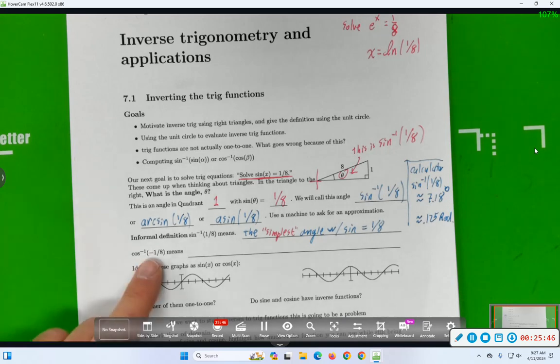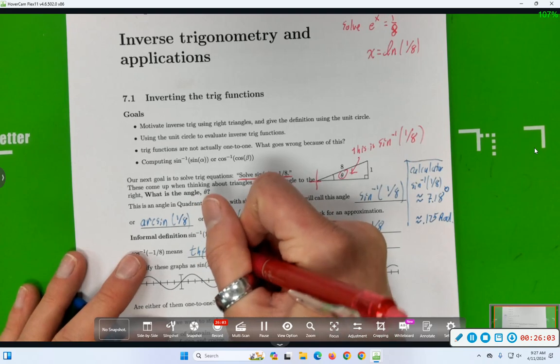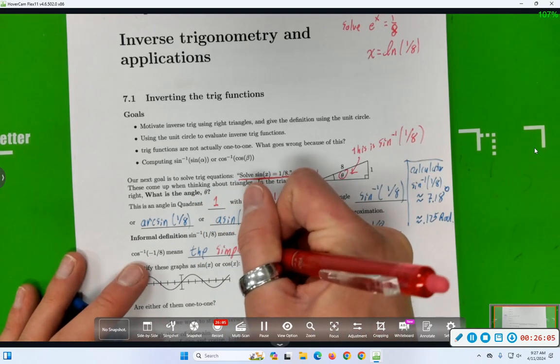Similarly, what do you think cosine inverse of -1/8, what would you want that to mean? Based on the sentence above. That's the best angle with cosine equal to negative 1/8.